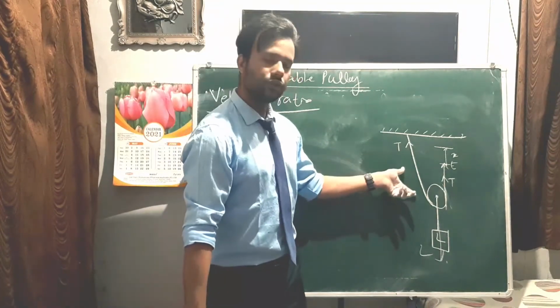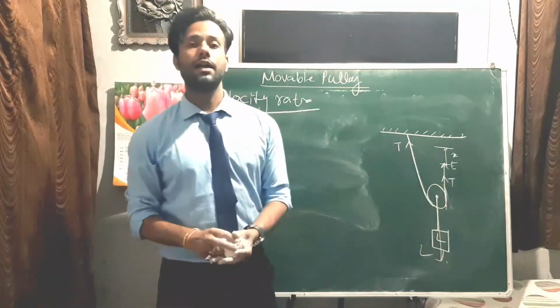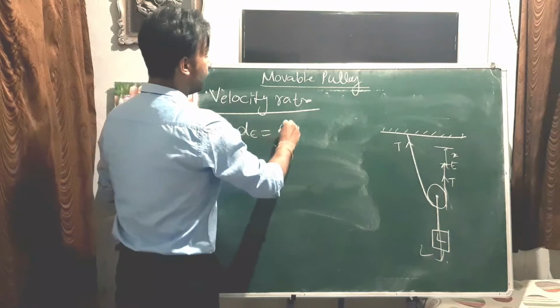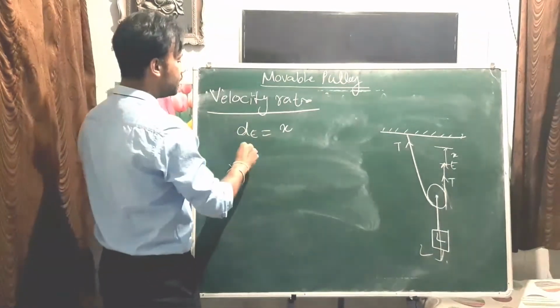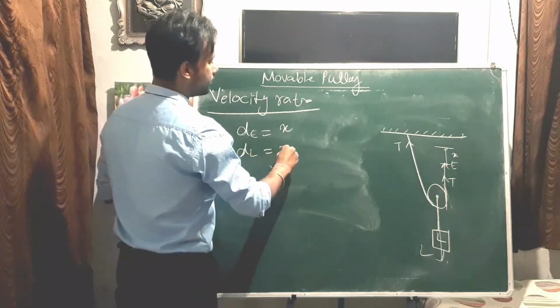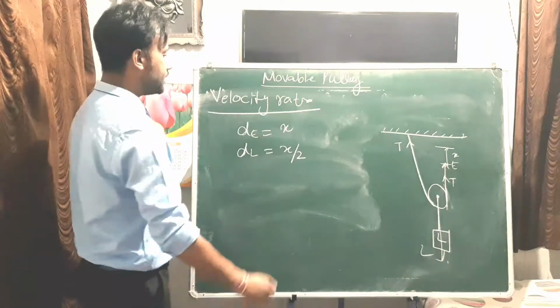So this part of the string moves by distance x by 2, and the load is also x by 2. So here the distance moved by effort is basically x, but the distance moved by load is basically x by 2.